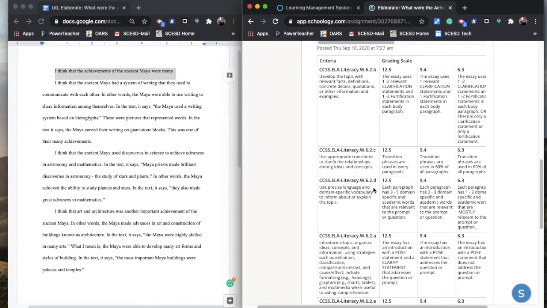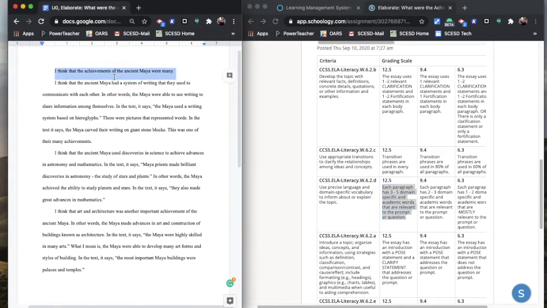Let's go on to D. Use precise language and domain-specific vocabulary to inform about or explain the topic. So this is 12.5. Each paragraph has 3 to 5 domain-specific words or academic words that are relevant to the prompt or question. So they're not just random ones that you're throwing in to look smart. Let's see, the achievements.